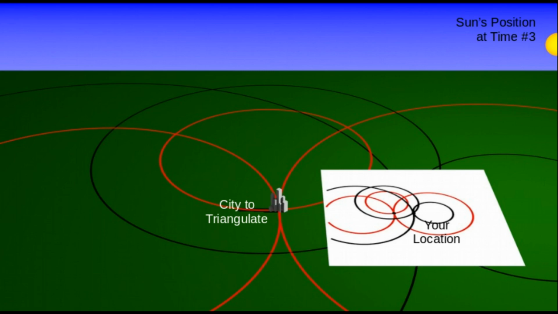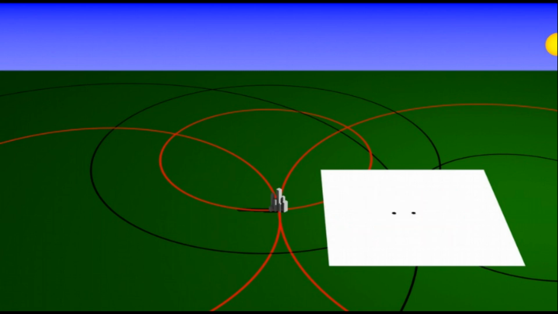And so back on our map, we can erase all the circles, and we remain with the 2 points. One on the left is the city that we wanted to triangulate. The dot on the right is your own city.